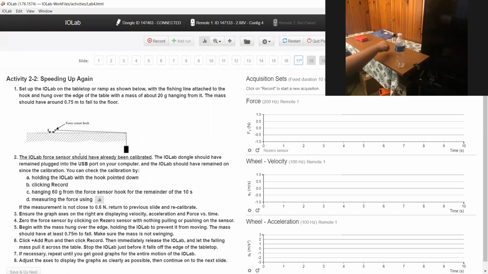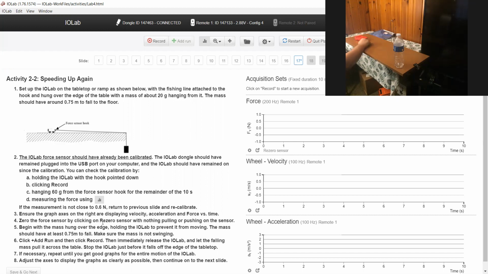I have this string here, and I placed a 20 gram weight on it. You can use a real weight also. You can do the calibration: measure 0.6 Newton, then remove the weight and zero the sensor by clicking this.